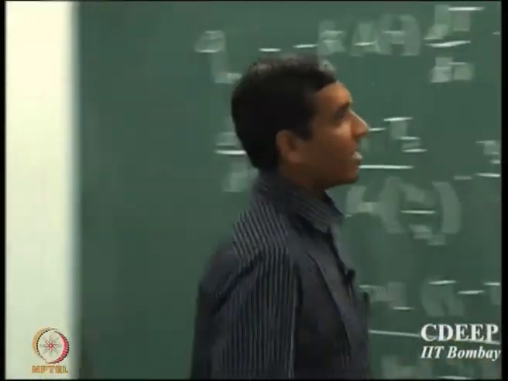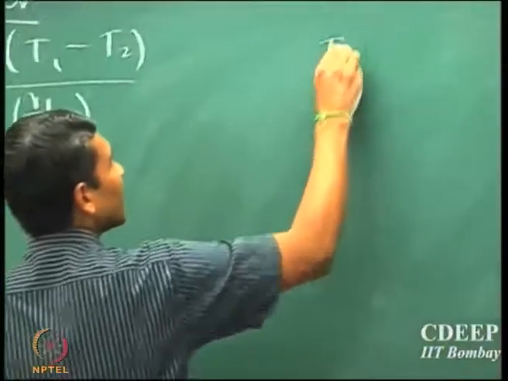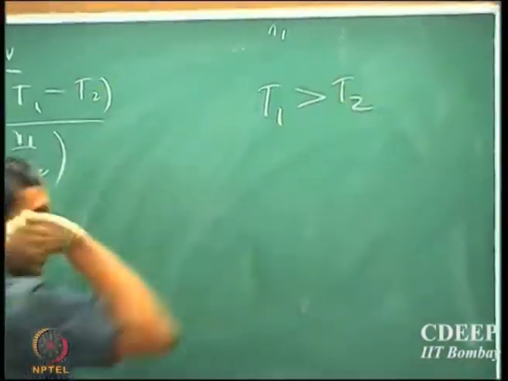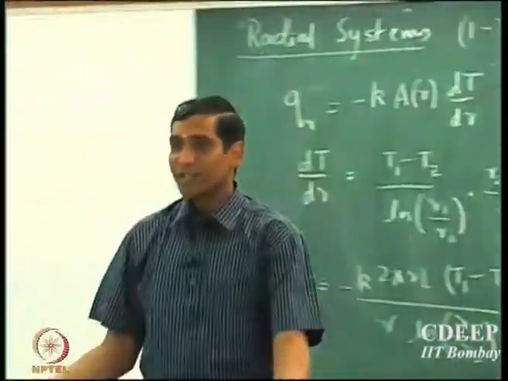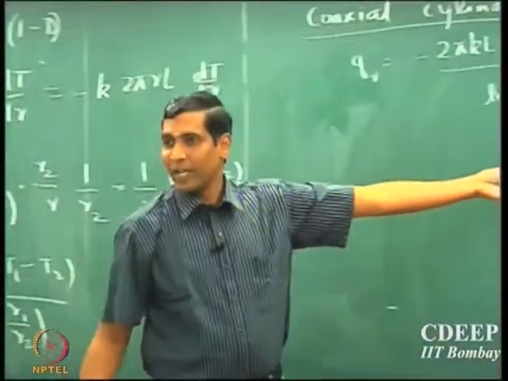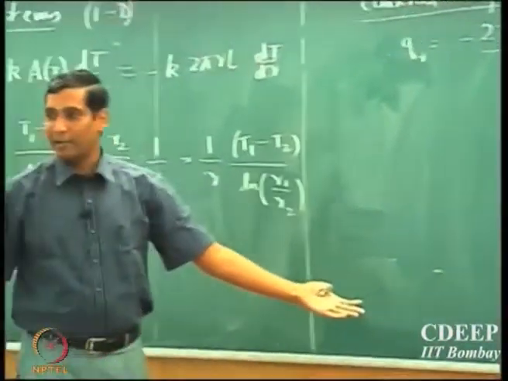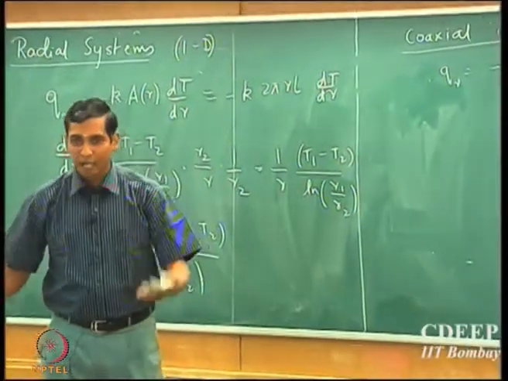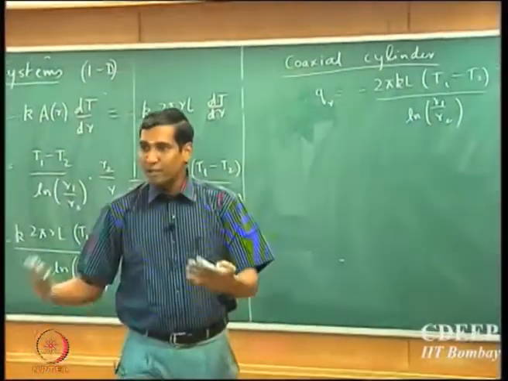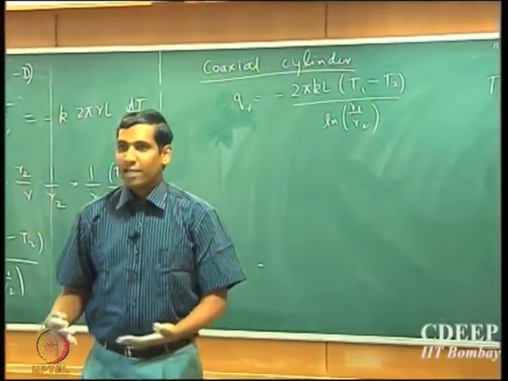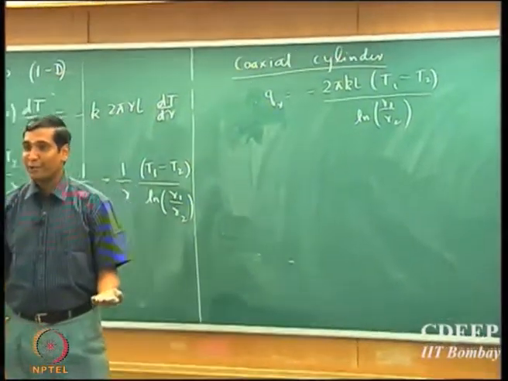Okay, supposing I say T1 is greater than T2. R1 is smaller, so ln(R1 by R2) is negative. So there is no issue with sign here. As long as you follow the correct convention and you write your model equations properly, there will be no sign mistakes that you will find in your solution.